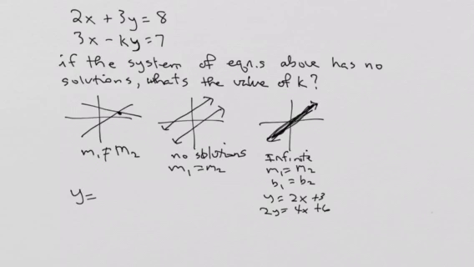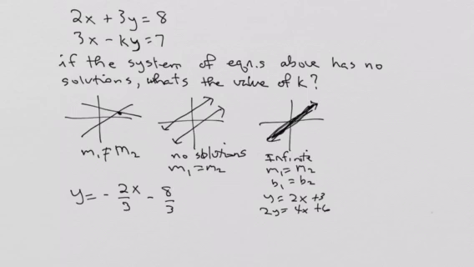And if I move stuff around, I'm going to get y equals negative 2x over 3 minus 8 over 3. The important thing is this. The slope of that first line, the top line, is going to be negative 2/3.